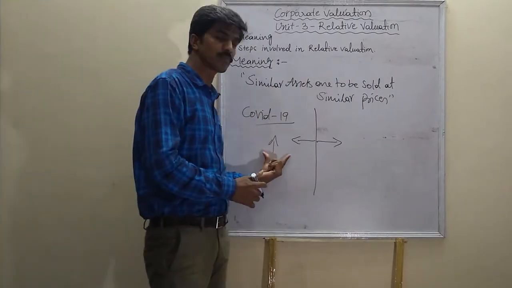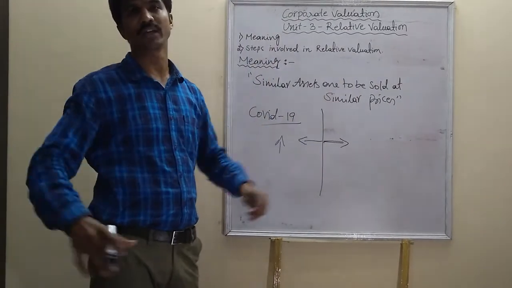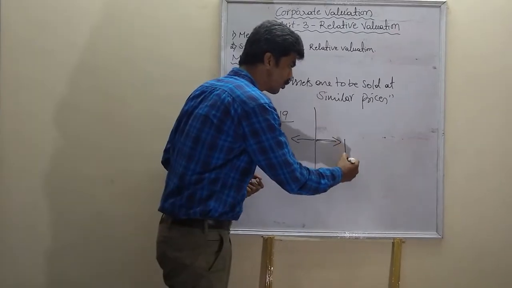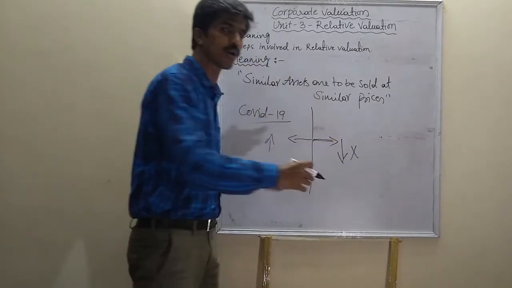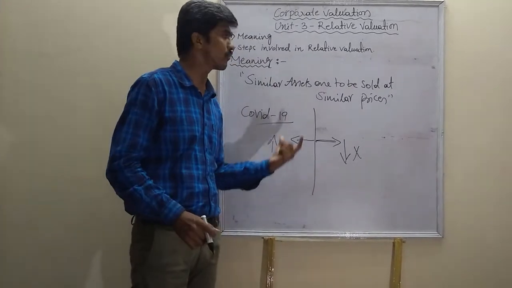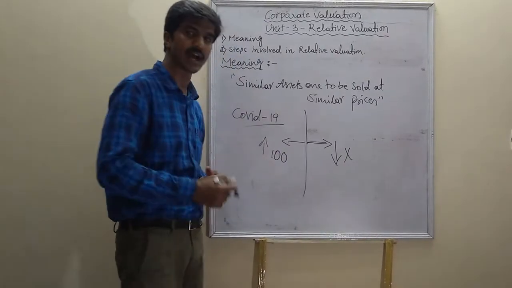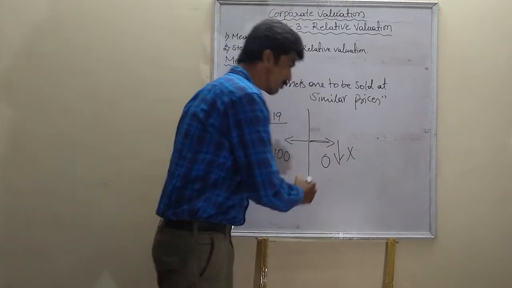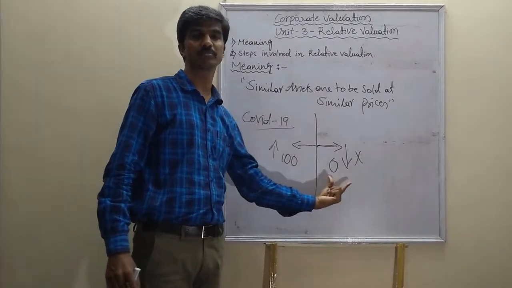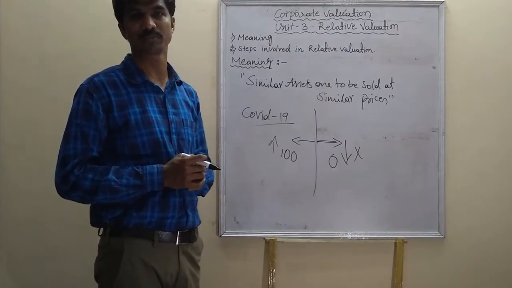But after COVID-19, your sales are fully dull. Sales are fully nil. Then there are no cash inflows at all. Then if I consider cash inflow as a base for valuing my firm, then before COVID-19 my value for the firm is 100, and after COVID-19, my firm value is 0. I cannot value my firm at the right price. This is going to be a very, very wrong assessment process.